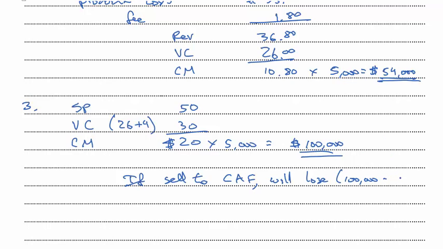We're going to make 54. We will lose $46,000. That's how much we'll be worse off if we accept the Army's order. And that concludes the problem.